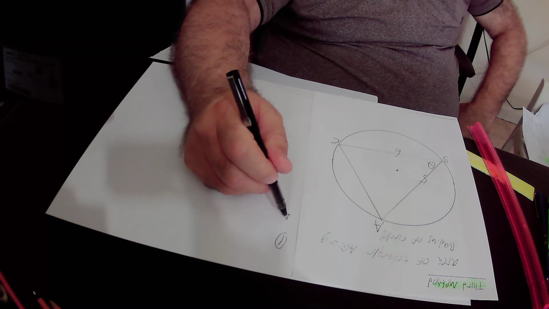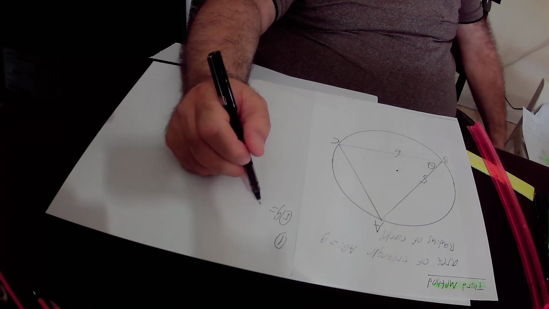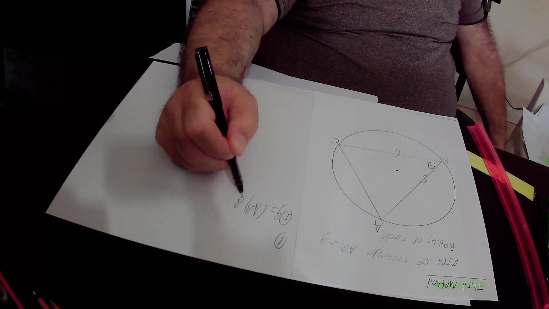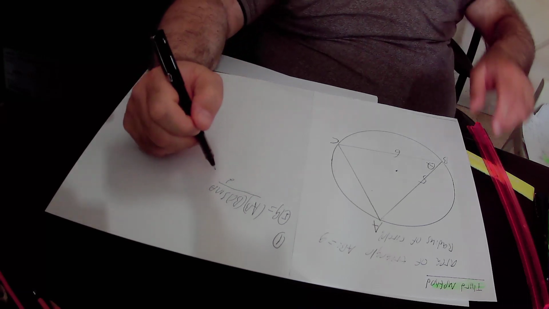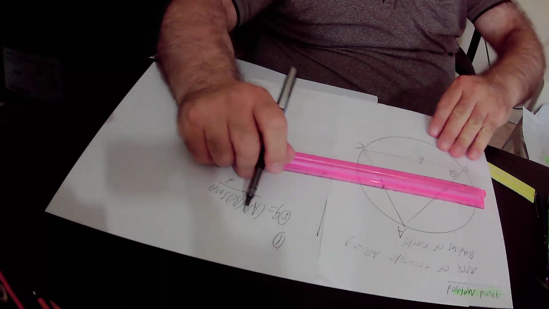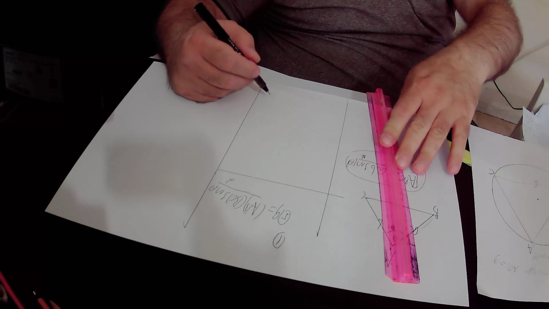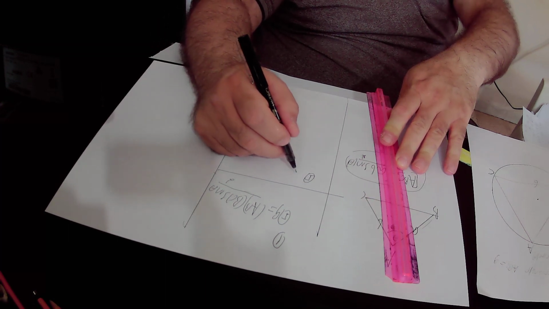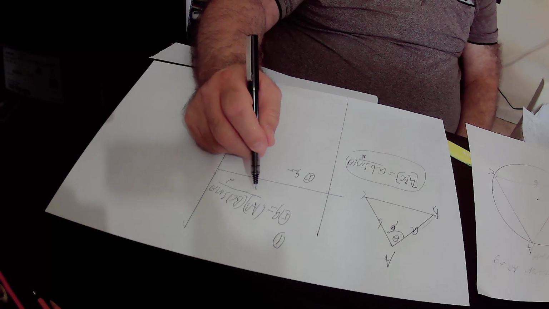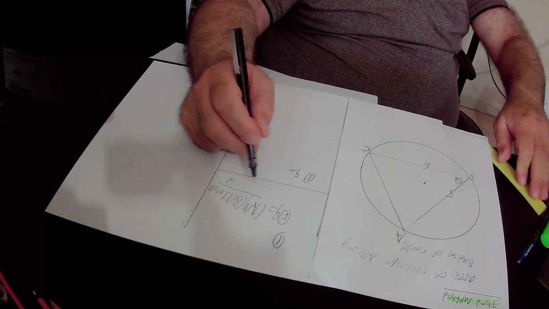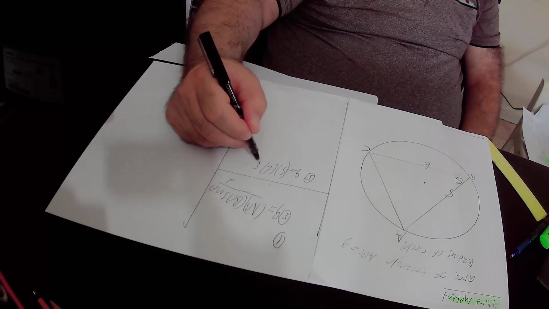So the area of triangle ABC equals 9 square units, and according to the new formula, it will be equal to AB times BC times sine theta over 2.